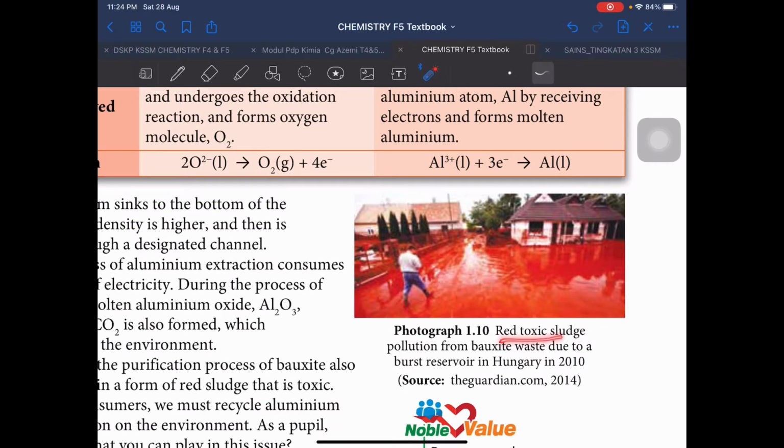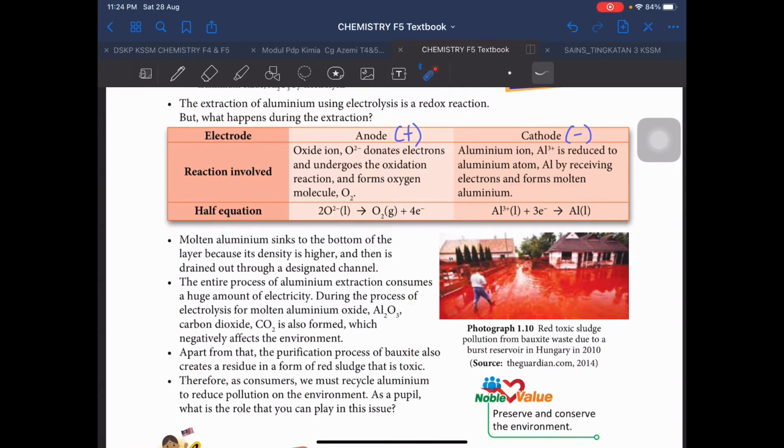Red toxic sludge pollution from bauxite waste, due to a burst reservoir in Hungary in 2010. So this is the effect on environmental pollution. Therefore, as consumers, we must recycle aluminium to reduce pollution to the environment.